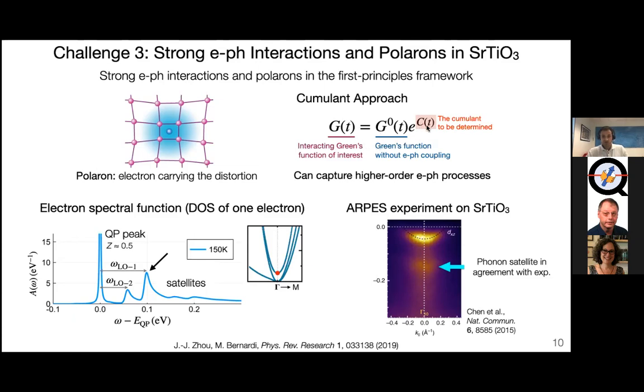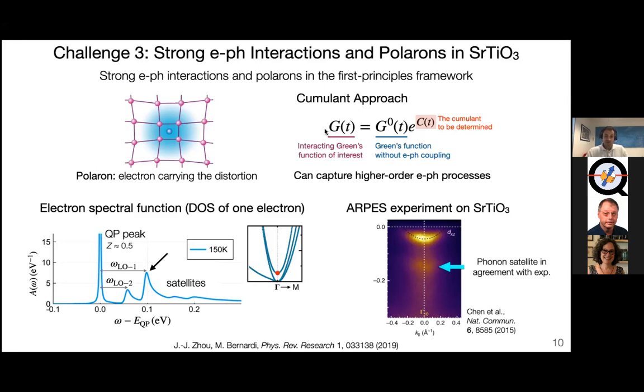And now we put the electron-phonon interactions in this exponent, which is called the cumulant. Now, without really knowing the technical details, you can imagine that if you now Taylor expand this exponent, you're going to get all sorts of higher order electron-phonon processes. And therefore, the Green's function is hopefully going to be able to capture these polaron effects.